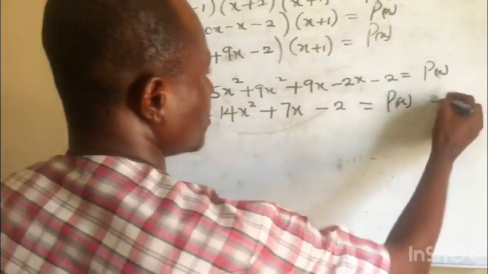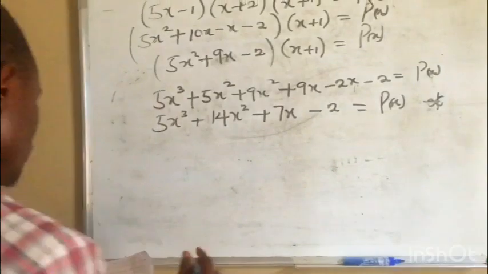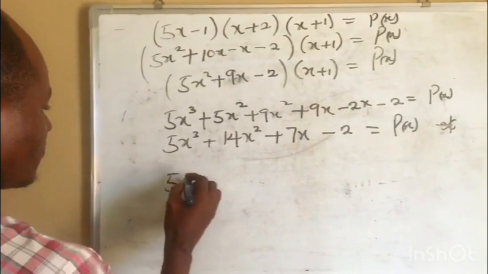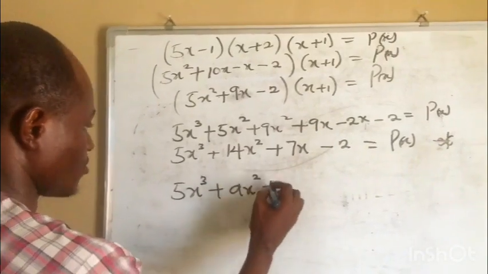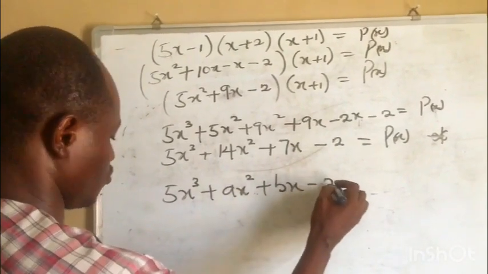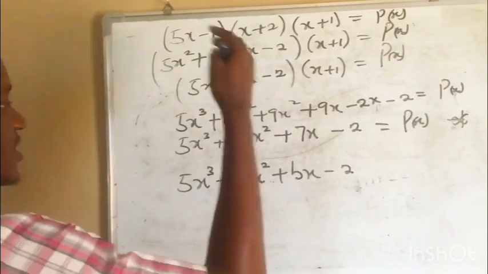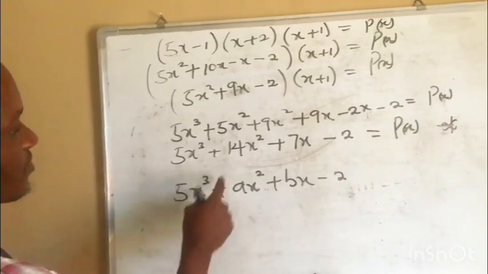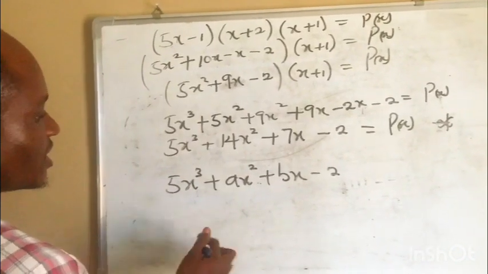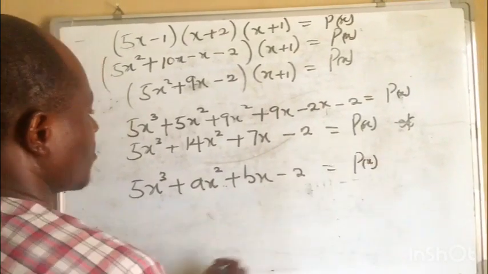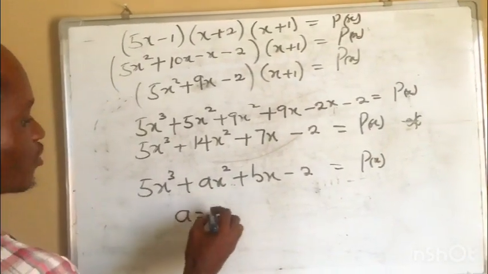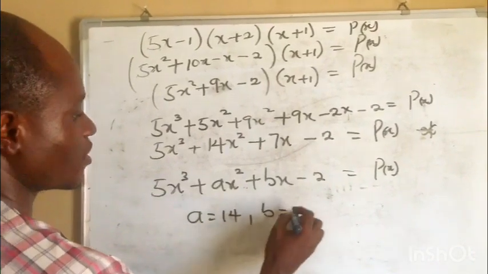Now if you compare this polynomial with the one given to us in the question that says 5x cubed plus ax squared plus bx minus 2, you see 5x cubed, ax squared, we check the coefficients. By comparing the coefficients, we arrive at a equals 14 and b equals 7.